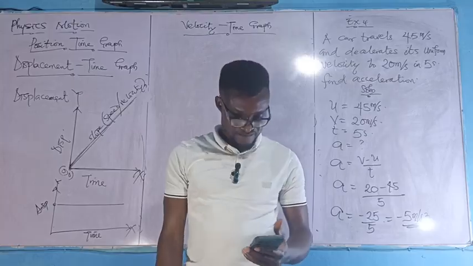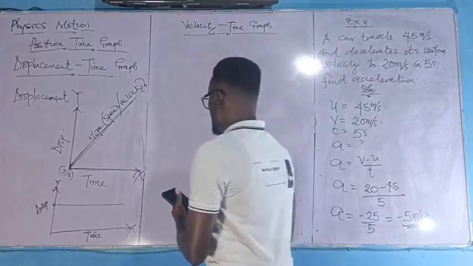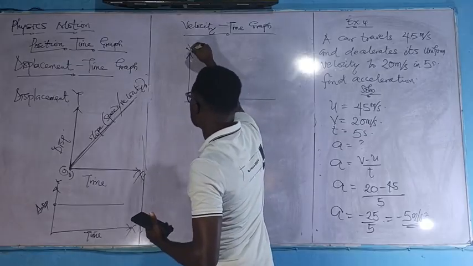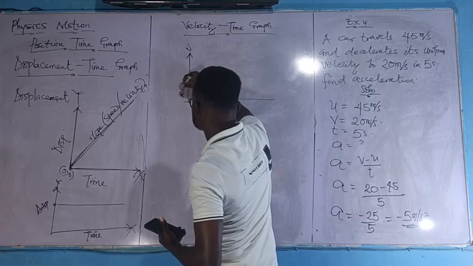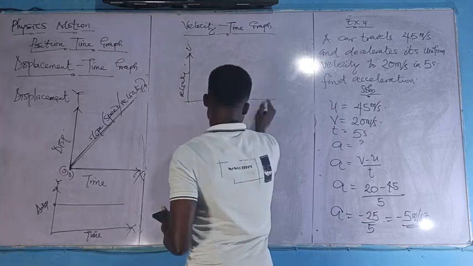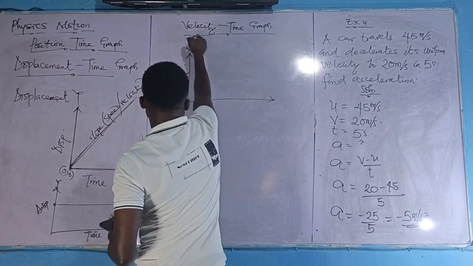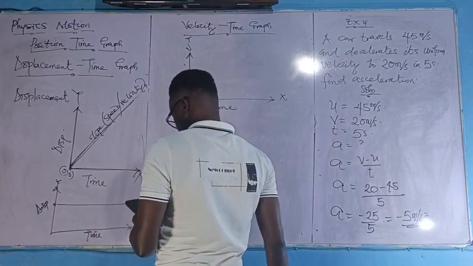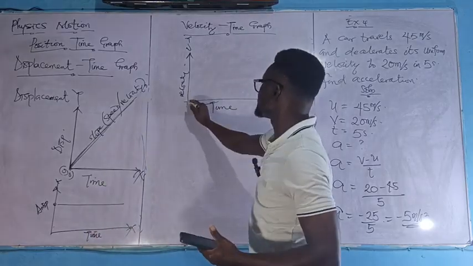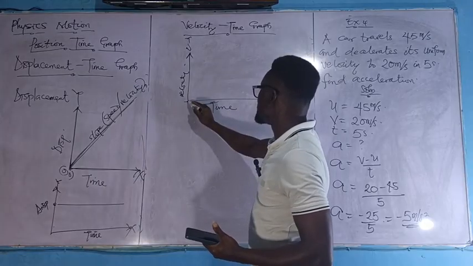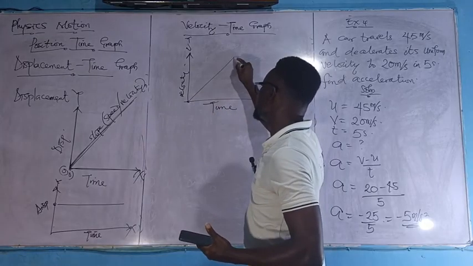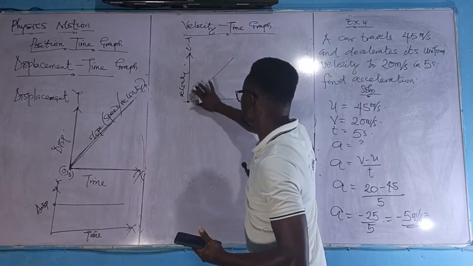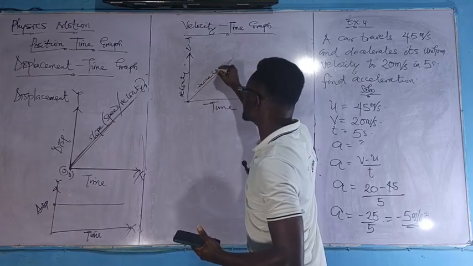So when we have a graph like this, here we have velocity against time, with velocity on the y-axis. Any slope here shows acceleration.